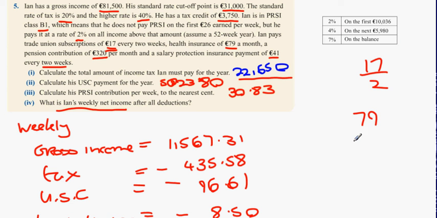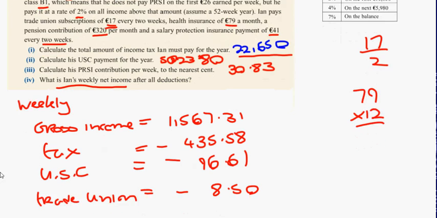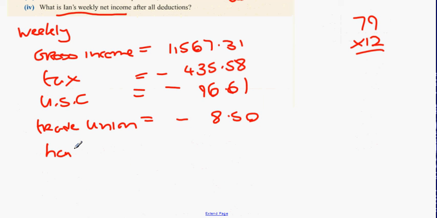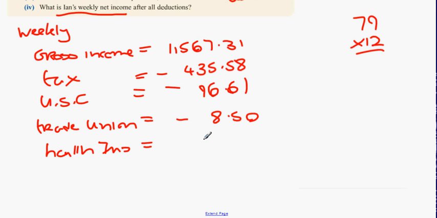So 79 multiplied by 12 is how much he pays per year for health insurance, and that gives me 948. Going to divide that by 52 because there are 52 weeks in a year. And what we get here is €18.23.